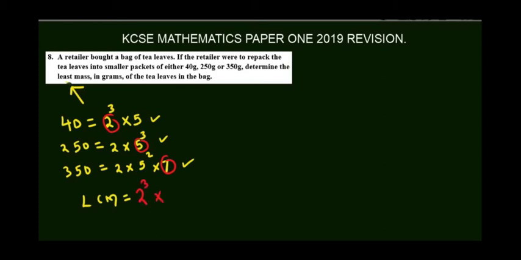And for 5, the highest power is 5 power 3. And for 7, we only have 7 power 1. So that is the highest power. So finally, that gives us the LCM, which we can express as 8 by 125 by 7. So that should give us 7,000 grams. So that's it for that number.